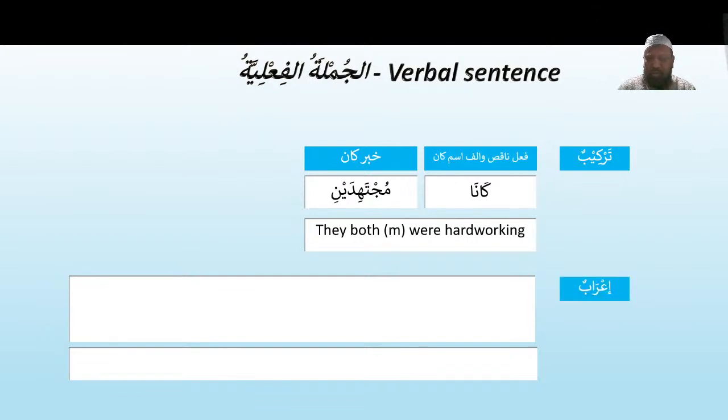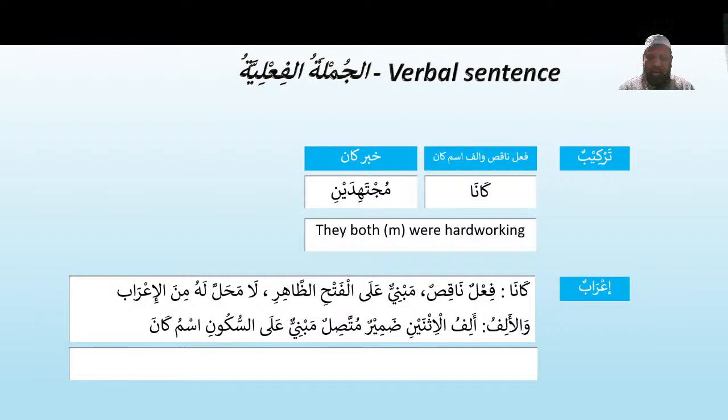The i'rab, look at this very carefully. كان فعل ناقص مبني على الفتح الظاهر لا محل له من الإعراب والألف ألف الاثنين ضمير متصل مبني على السكون اسم كان. For normal fa'il it will be في محل رفع فاعل.